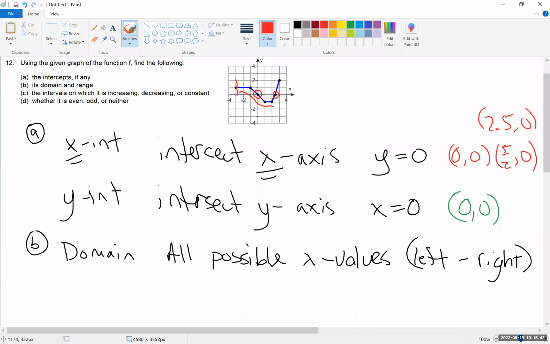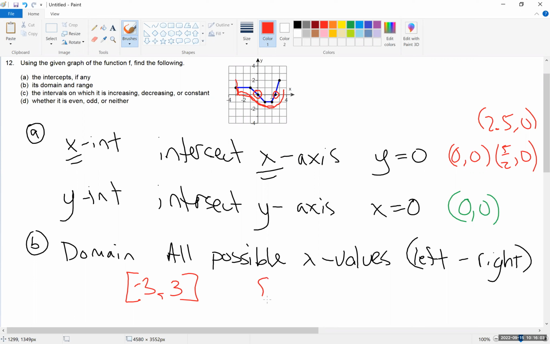With the domain, we're going to use a bracket if it's a point that we can get to. -3 is a point that we can get to. And then we follow the graph all the way to the right. What's the furthest right we get? Looks like 3.